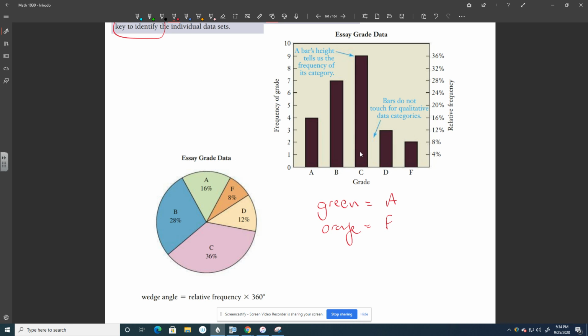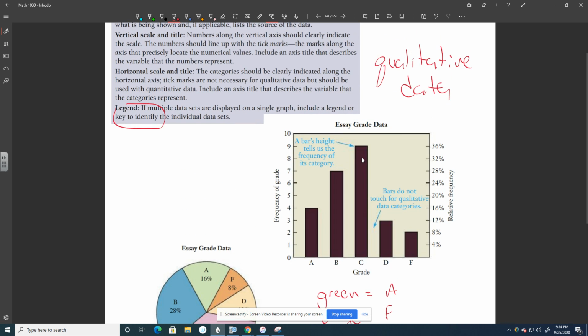And the last thing to remind you, well, I guess before we get to the pie chart, this bar graph on the right-hand side has a relative frequency, and on the left-hand side, it has just the frequency. Most graphs don't have both. But if it does, if you're going to put the frequency and the relative frequency, make sure that they match, okay?